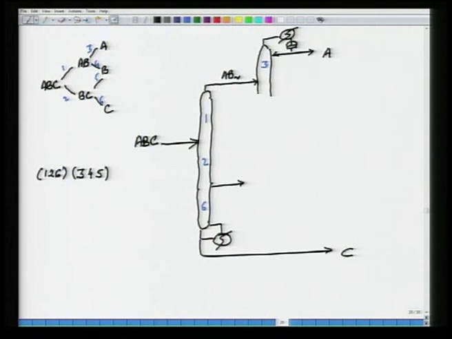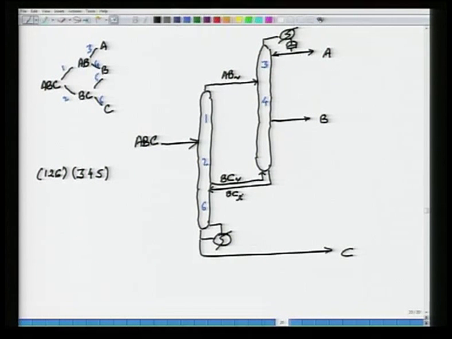So, if I go down, okay, so if I go down, there will be a place where I get to take out pure B. Okay, so this is section 4, and if I go down further, well, this is BC vapor, and the BC liquid is sent here, BC liquid.